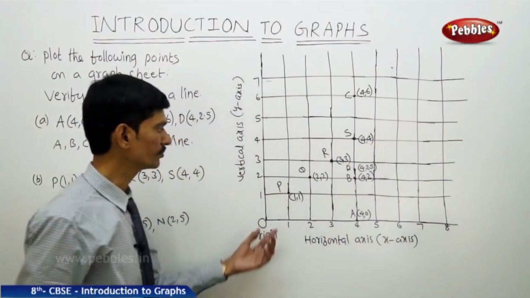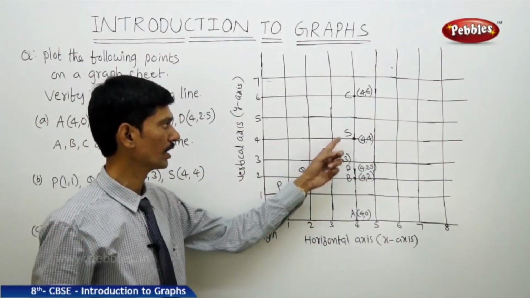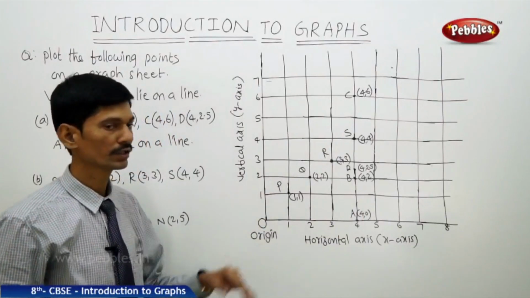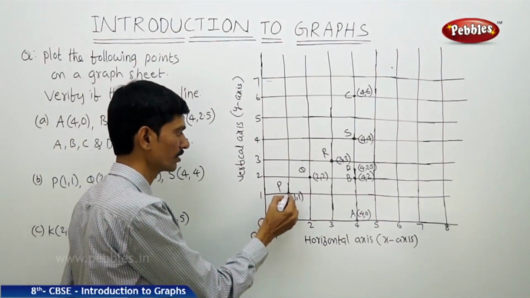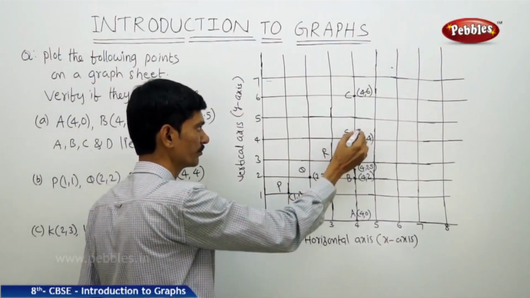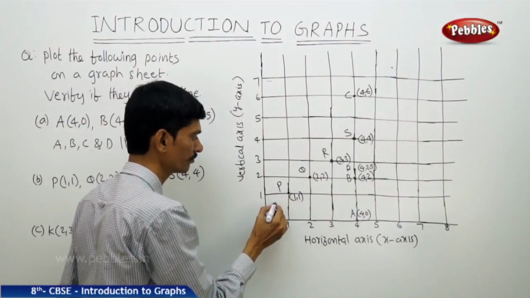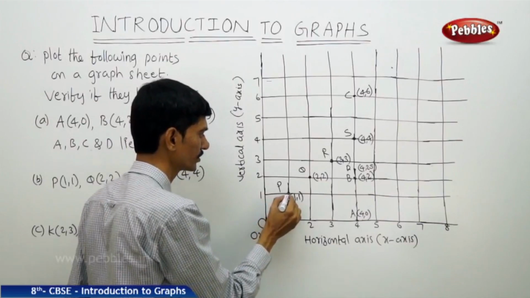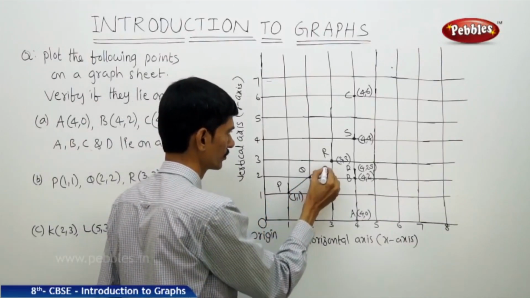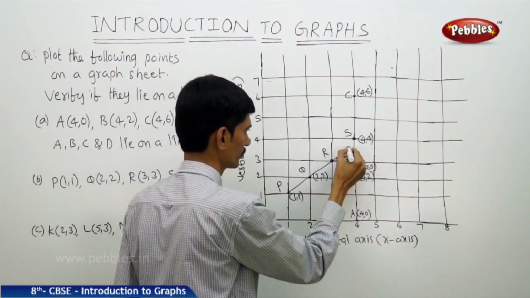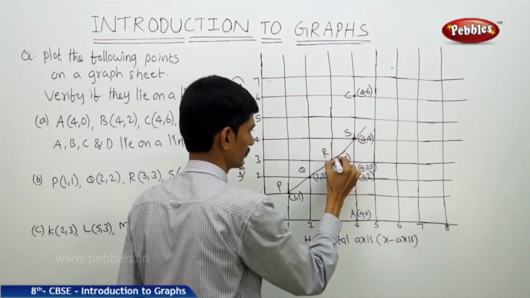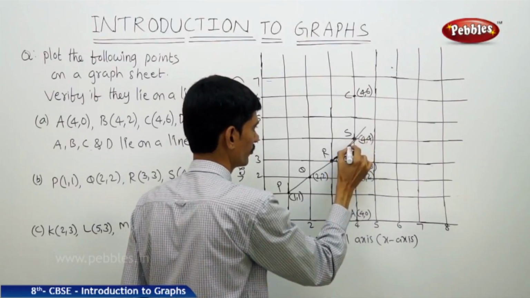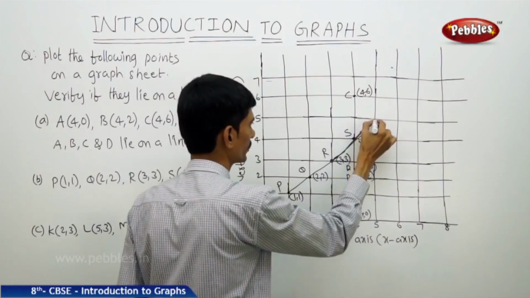Now observe all these points P, Q, R and S. Do they lie on a line or not? Yes, obviously they lie. Actually there is no line drawn yet passing through all these points, so if you draw a line passing through all these points, these 4 points lie on a line.